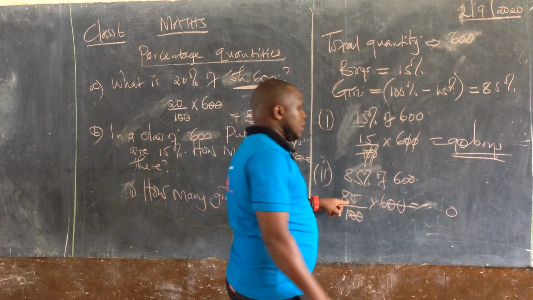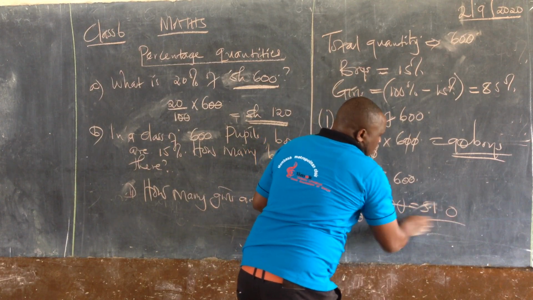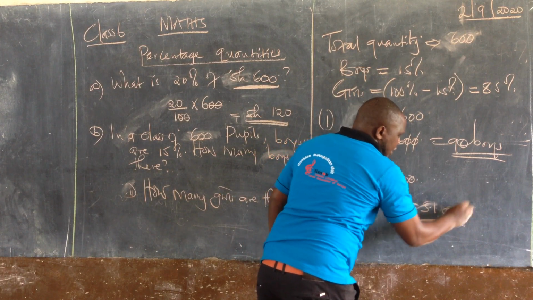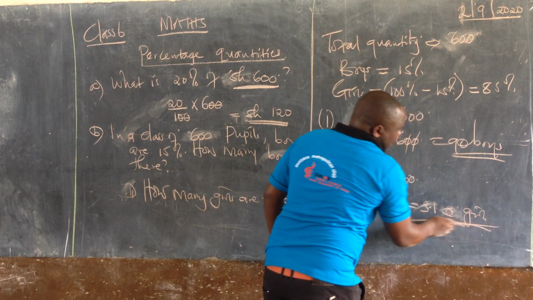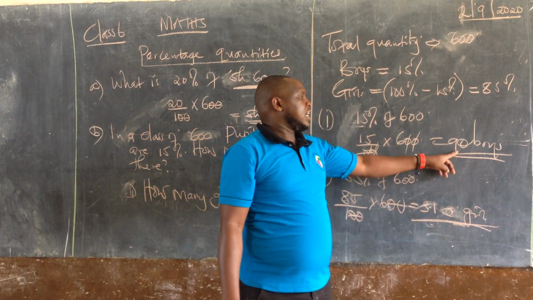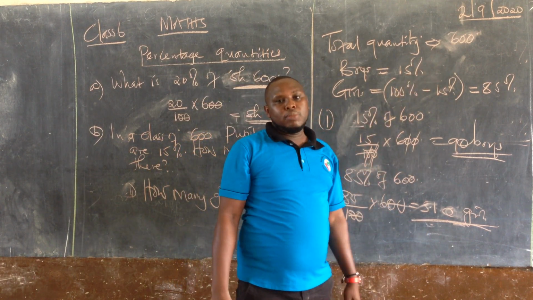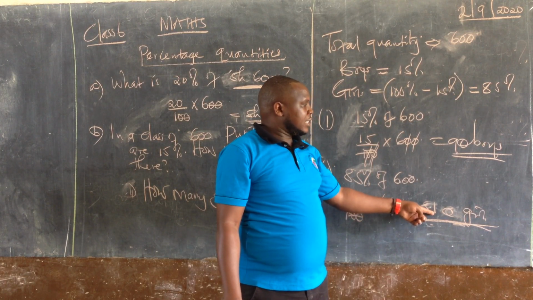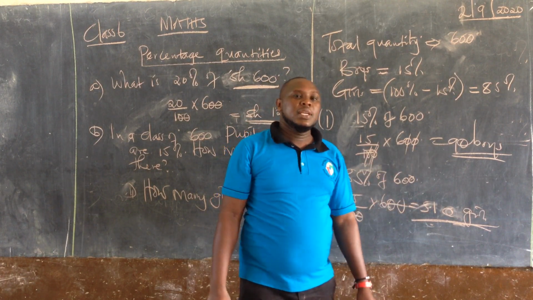This is 48 and so 51. So these are going to be girls. 510 girls. If you want to understand whether the answer is true, take 510 plus 90. If you don't get 600, you must have gone wrong somewhere. And so in our case here, 510 plus 90 is simply 600.